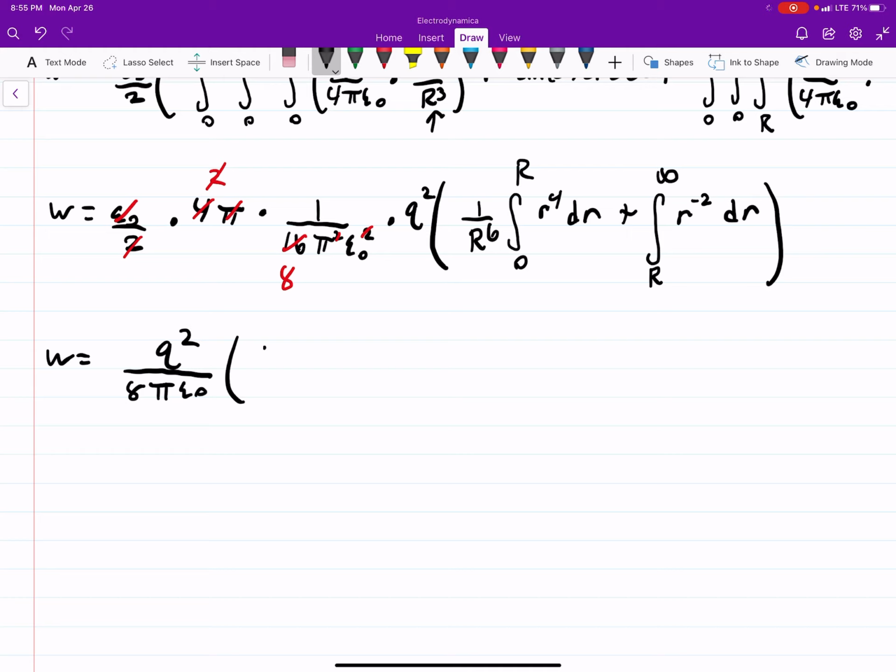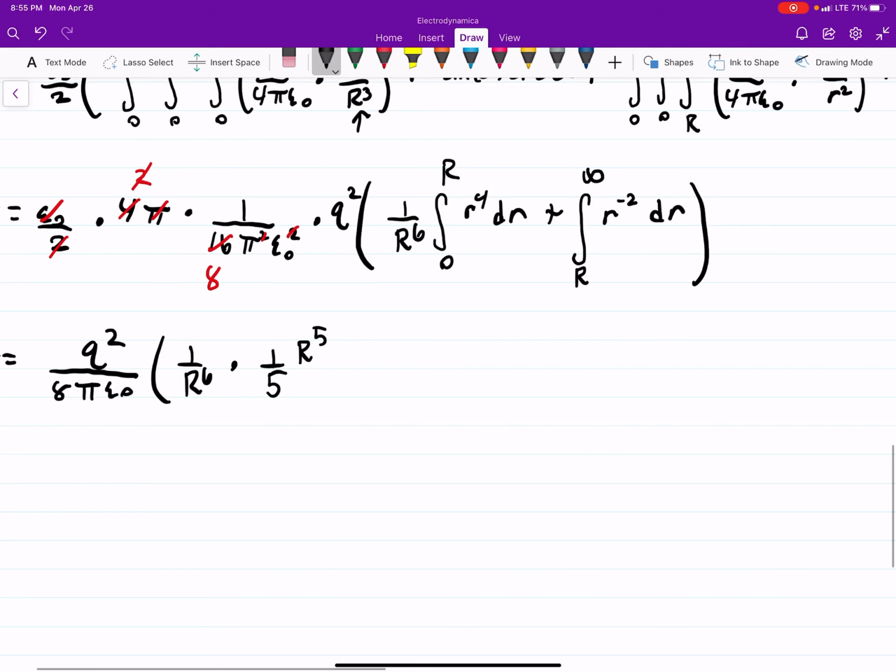We have 1 over R to the 6 times 1/5 R to the 5th, if we do the power rule. And then we're going to get minus, 1 over infinity minus 1 over R, if we evaluate that one.